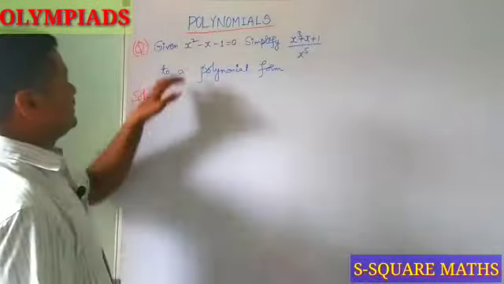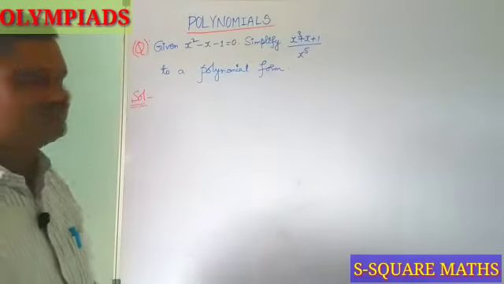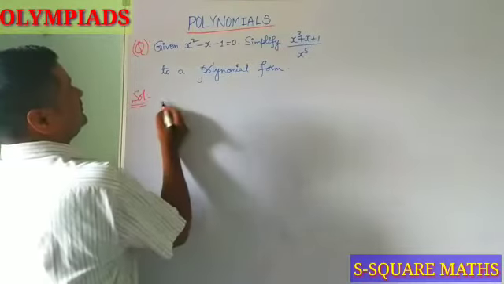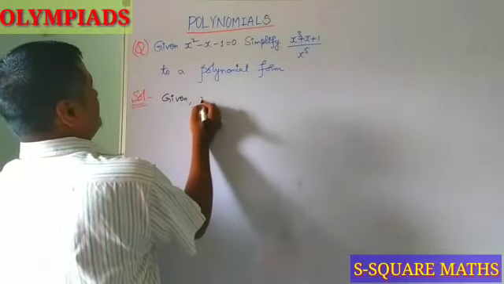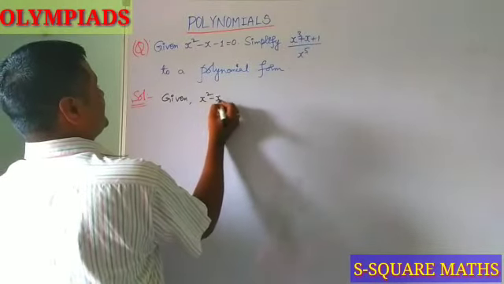So this is a condition given. Using this condition, this expression we have to simplify to get the polynomial form. So let us proceed to get the answer now. So given x square minus x minus 1 is equal to 0.